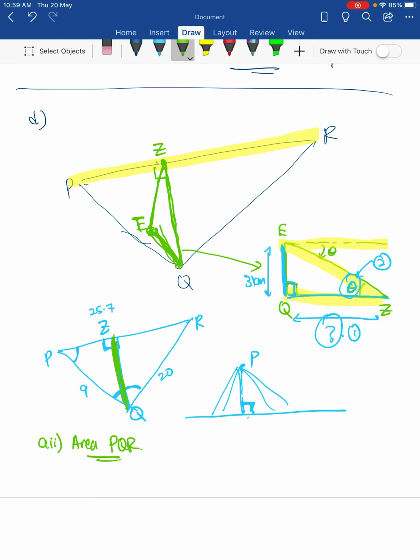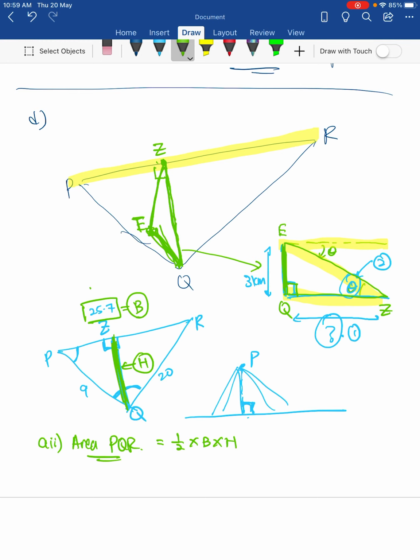So we can make use of the area. We can use half times base times height. Okay, because we can use this 25.7 as the base, and this is the height that we are supposed to find.